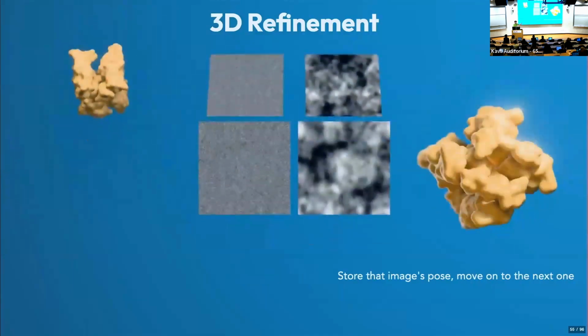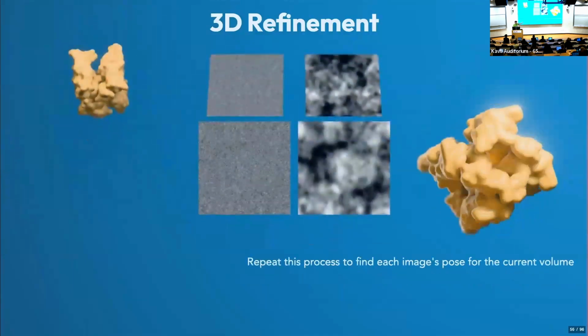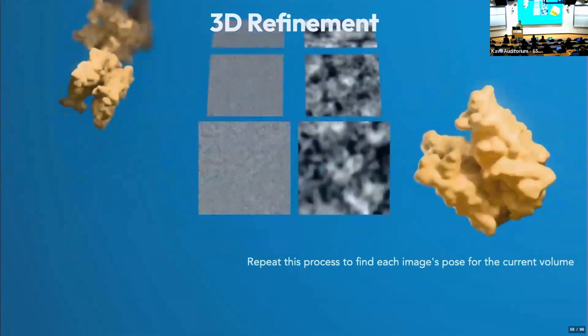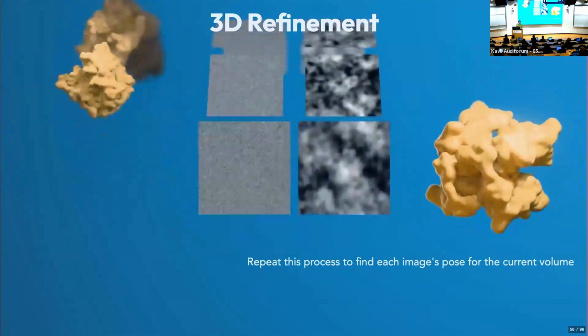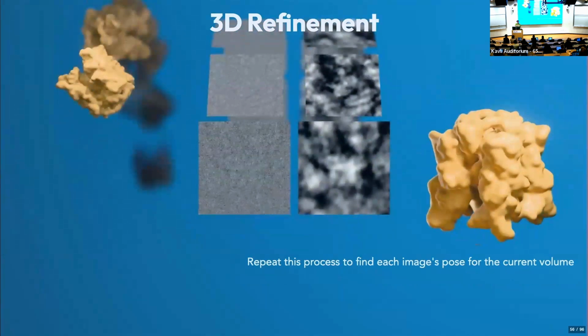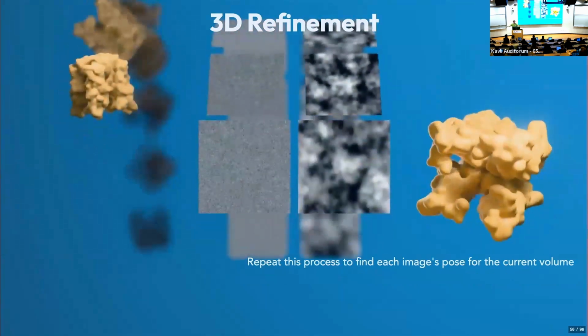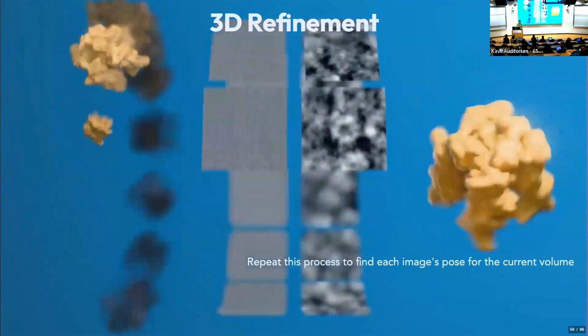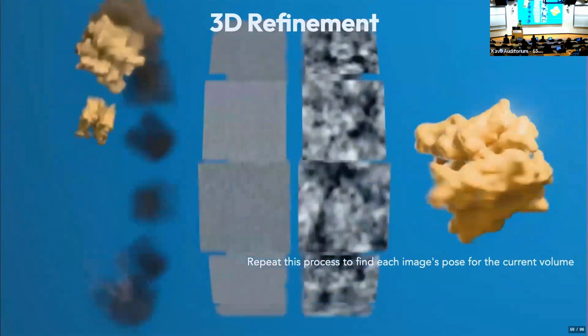Then for that image, we store that pose. We move on to the next one. Rotate, find the pose that matches best. That particle's pose gets stored. We move on and on and on until we've done this for all the particle images, okay? So every particle will have its own pose, right? We say the volume, that one rigid volume, was in this particular pose for this particular image, okay?